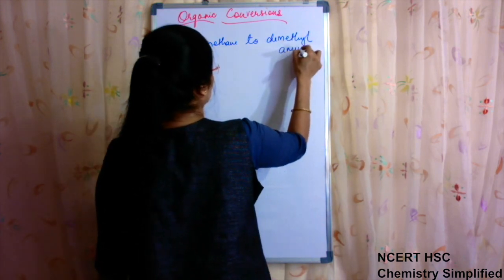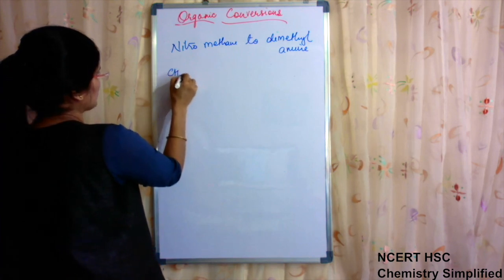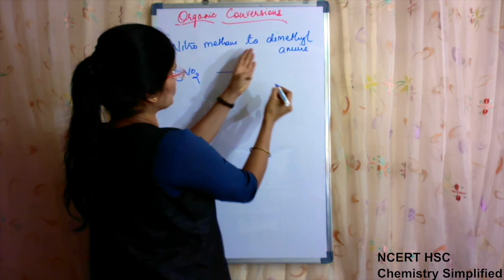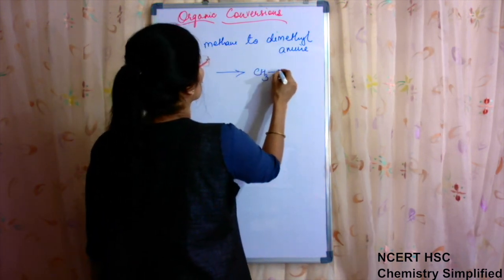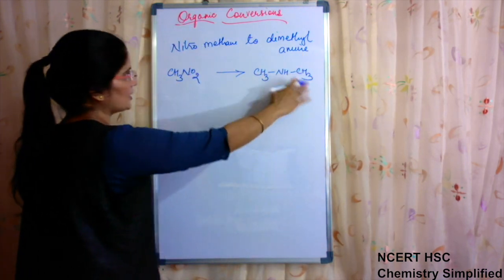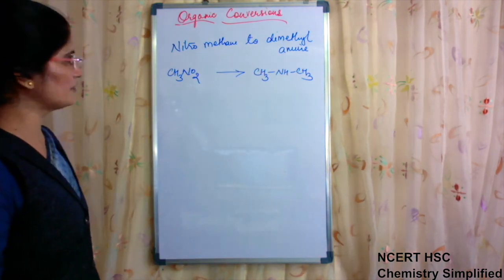Nitromethane, CH3NO2, to convert into dimethylamine, that is CH3NHCH3. This is the product we require.